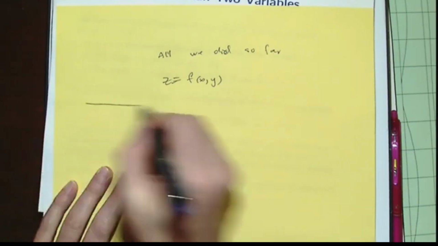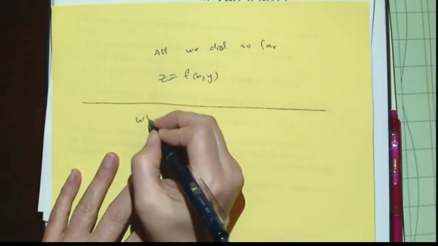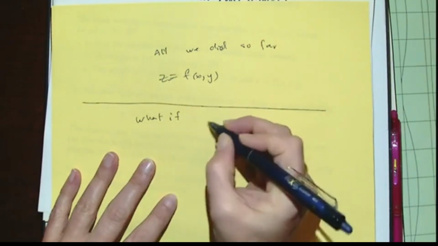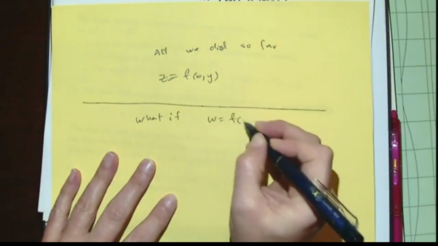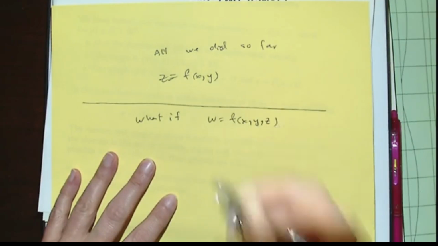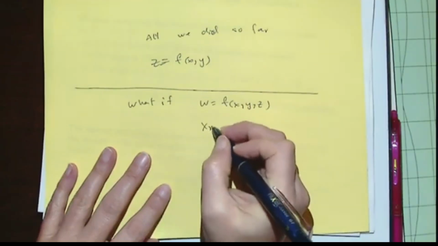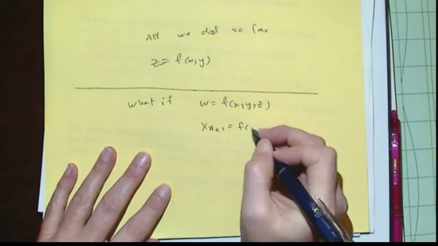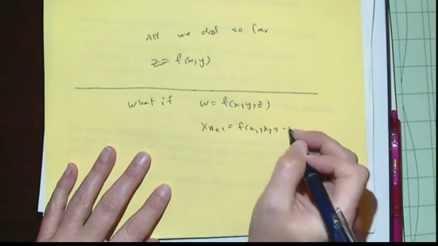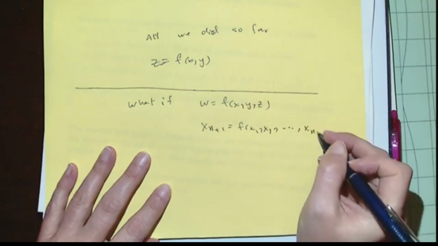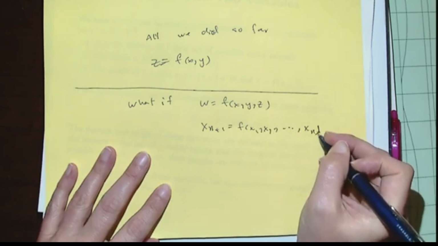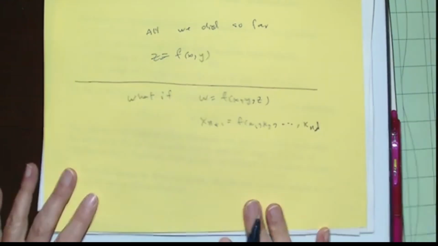So what if, let's say w equal to f of x, y and z, or x_{n+1} equal to f of x1, x2, all the way to xn?